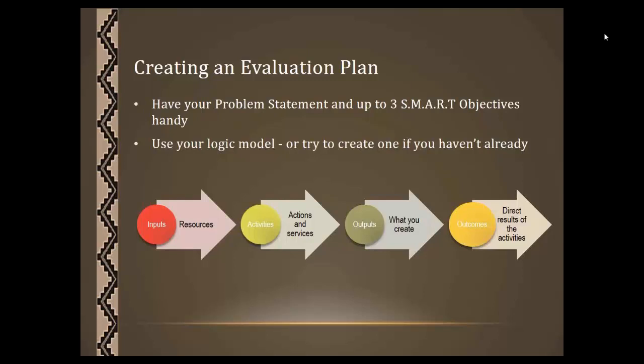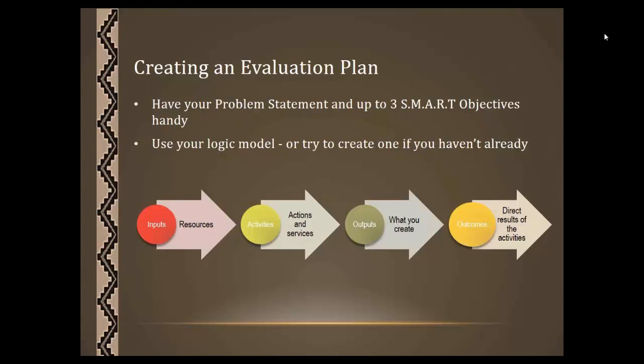Outputs are the direct products of your project activities. Examples could be train 30 participants, or create 2 lesson plans, record 10 traditional stories, recruit 25 volunteers to clean up the riverbank. Notice how when I was identifying outputs that I included numbers in those.